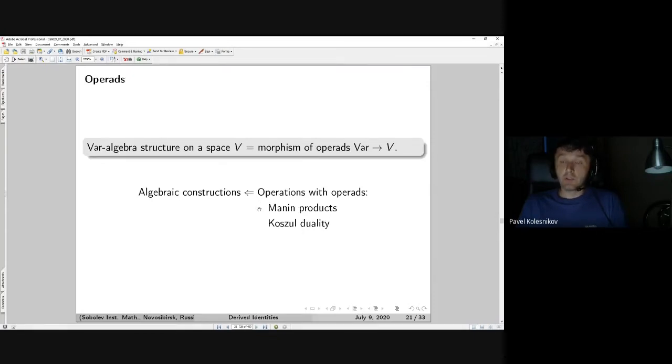We will need so-called Manin products of operads and also Koszul duality of operads. Let me again very briefly and in a sketched form explain what these two are, Manin products and Koszul duality.